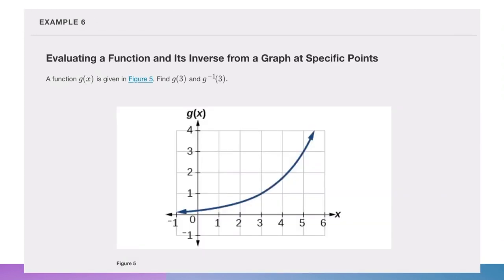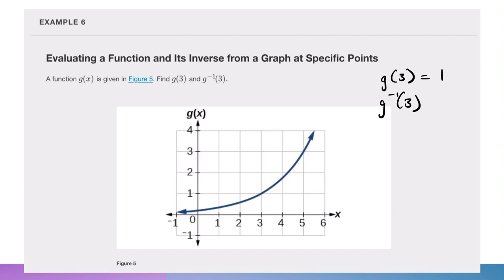Function g is given, find g of 3 and then g inverse of 3. So g of 3, when x is 3, the corresponding y looks like it's 1. So g of 3 should be 1. And then g inverse of 3. If we take the output 3, where does it come from?